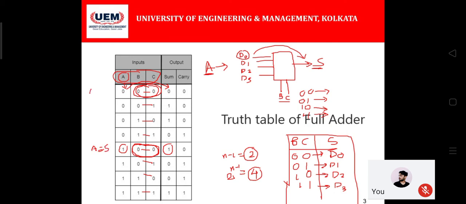A is equals to S. And here also A and S are having same values. So if A is 0, S will be 0. If A is 1, S will be 1.